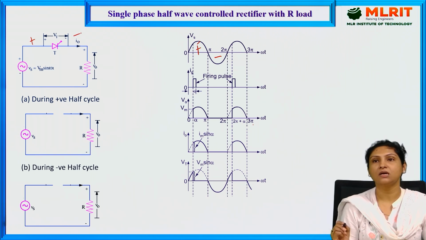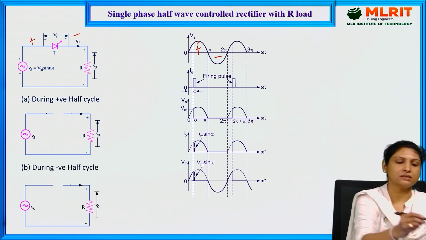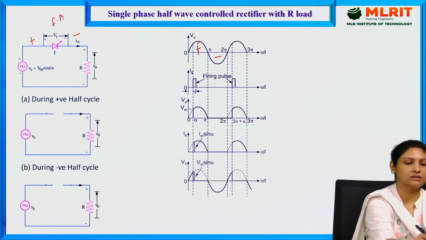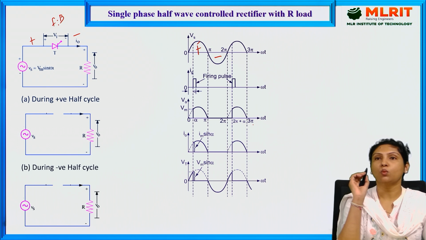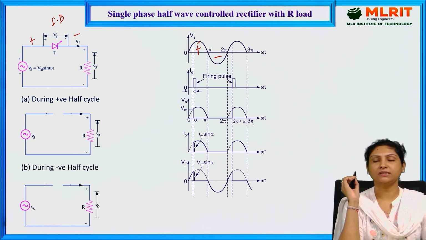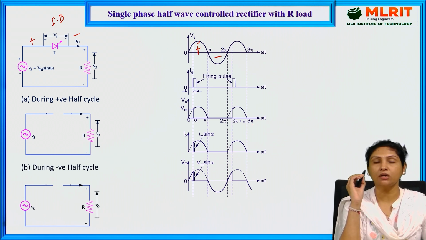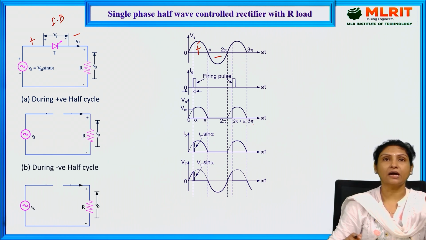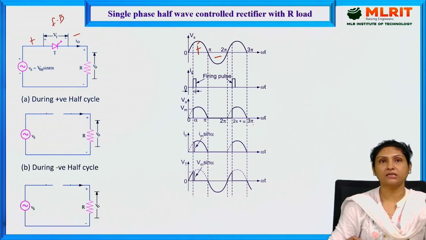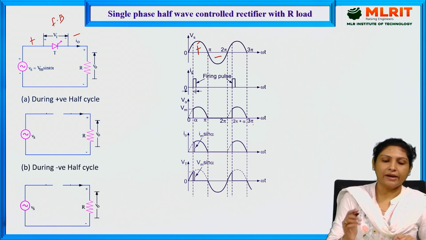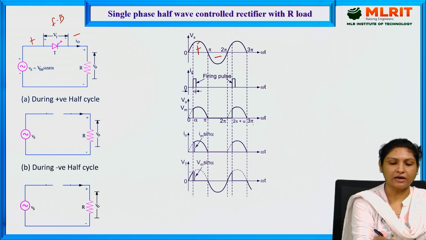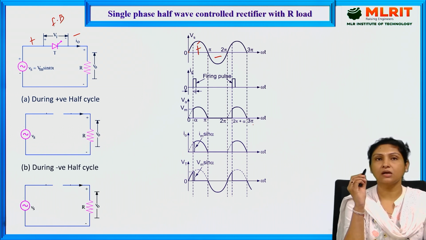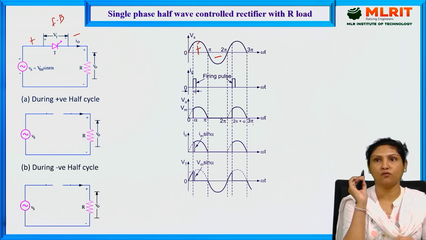That means right now the thyristor is in the forward blocking state. What does forward blocking state mean? It is ready to conduct but not in the conducting state. Unless and until we provide a gate triggering pulse, the thyristor will not conduct current through the load.